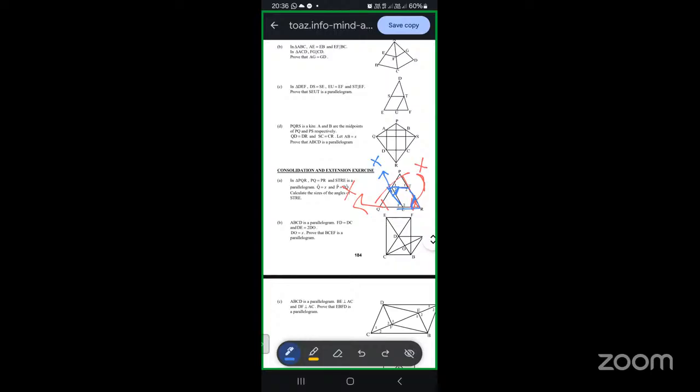Yes, sir. Then what do you think is the reasoning behind that statement? Opposite angles in a parallelogram are equal. Oh, yes, 100% correct.